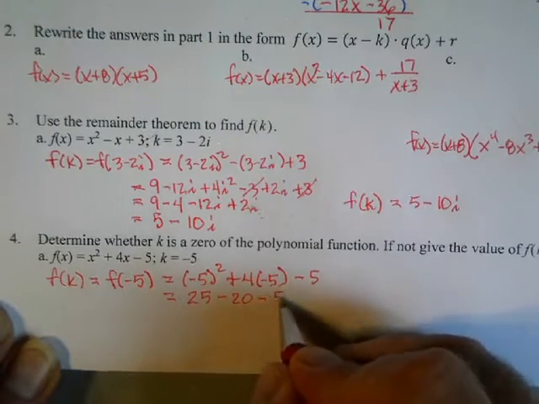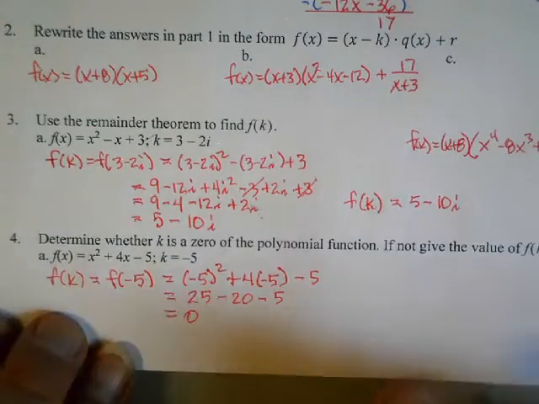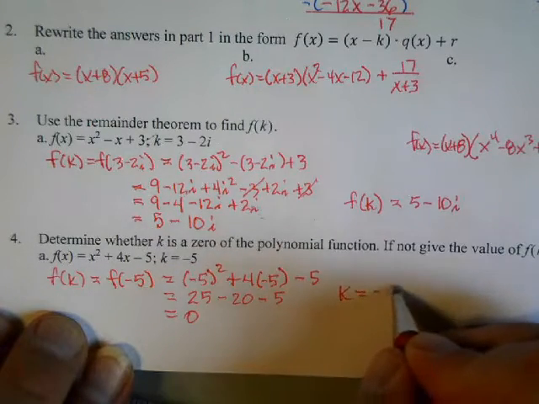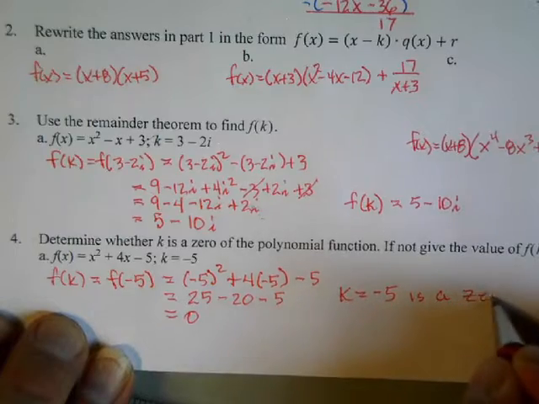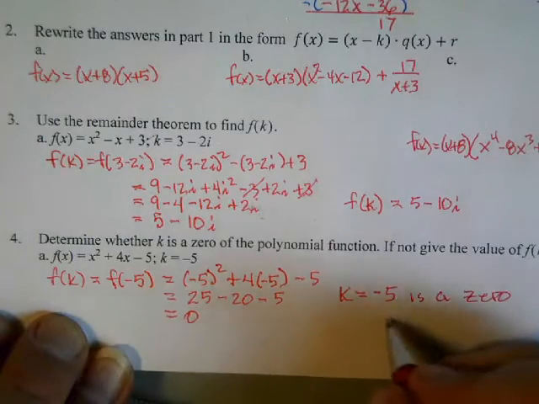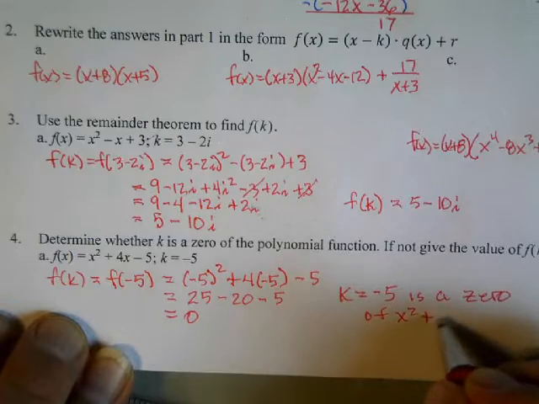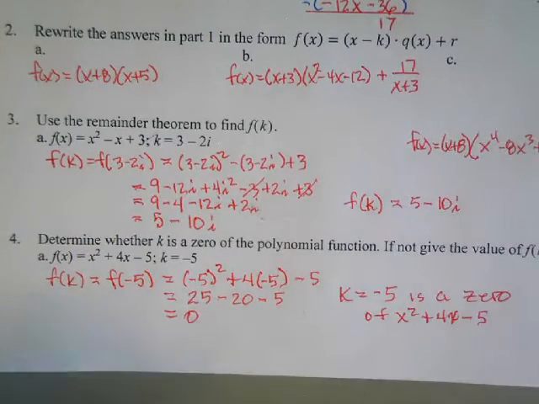So k equal to negative 5 is a 0 of x squared plus 4x subtract 5. And that's the idea for determining whether k is a 0 or not.